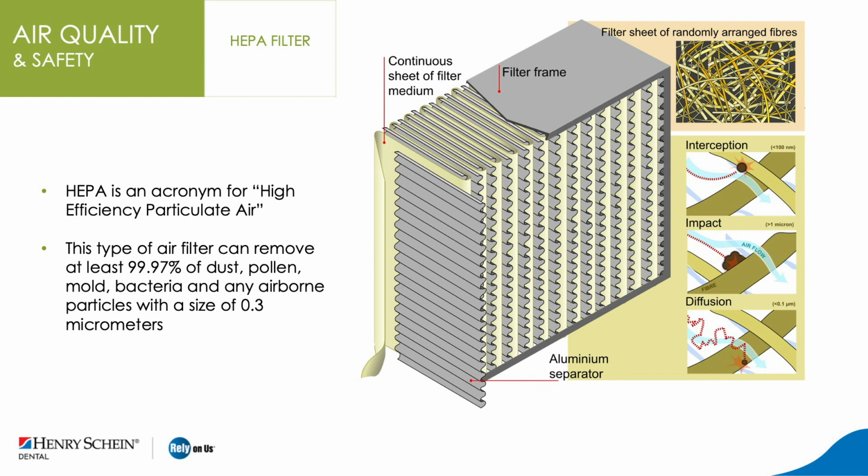Now, if I'm you, I'm asking, okay, well, how many tons do I need? Well, the average dental office needs 1 ton of air conditioning for every 275 square feet of office space. Most general contractors will tell you you can get by just fine with 1 ton for every 400 square feet.